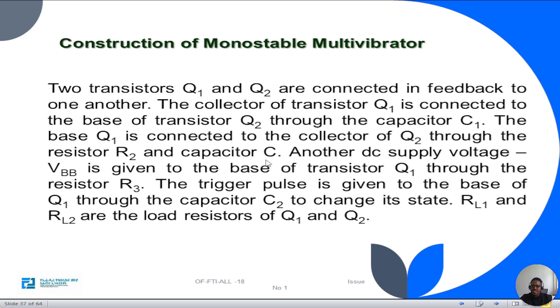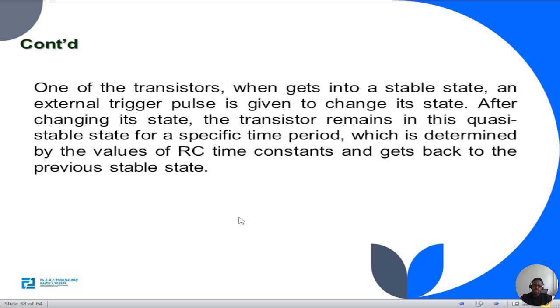And another DC supply voltage VCC is given to the base of transistor Q1 through the resistor RC. The trigger pulse is given to the base of Q1 through the capacitor C2 to change its state. RL1 and RL2 are the load resistors of Q1 and Q2.